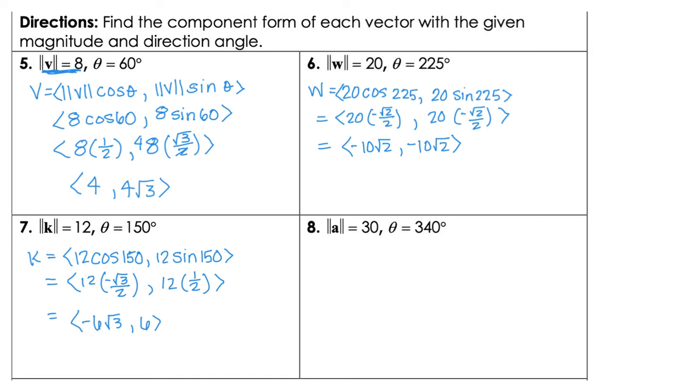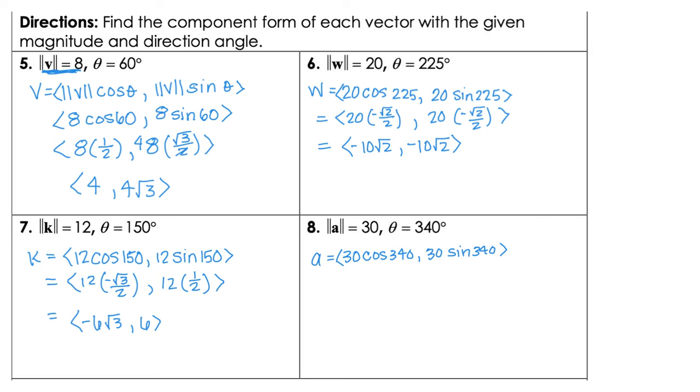All right. Finally, one you can type in your calculator. So A is going to be equal to 30 cosine 340, comma 30 sine 340.